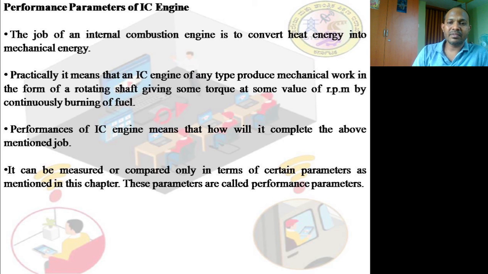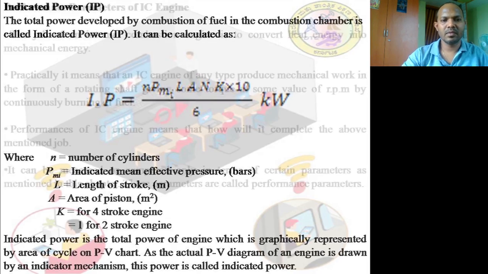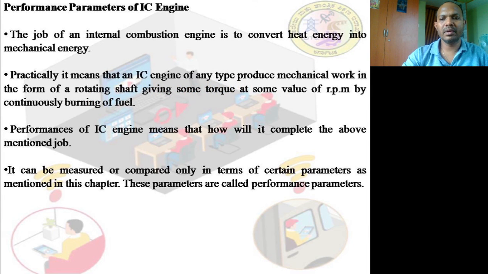Though it may be the same petrol or diesel engine, their capacity will be different. Their capacity will be analyzed based on the performance parameters. These performance parameters will decide the ability or the quality or the load carrying capacity of any IC engine. Okay. In the next class we shall talk about a few of these performance parameters in detail.